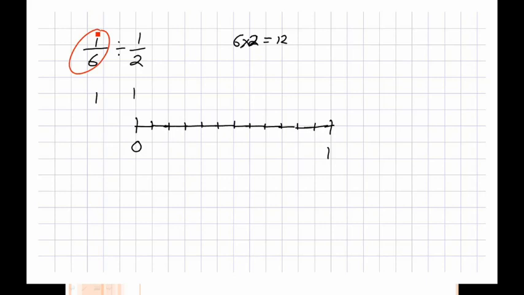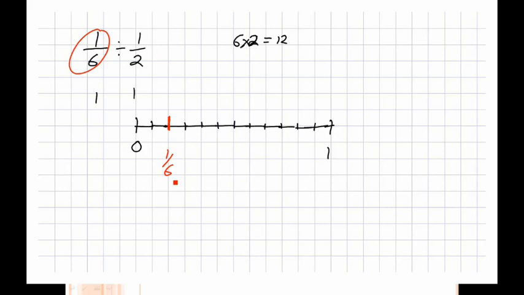Well, since that's 1/6, all I have to do is look at the denominator of my divisor, which is a 2, and I know I'm going to have 2 units to make 1/6 of this number line. So my 1/6 is here.